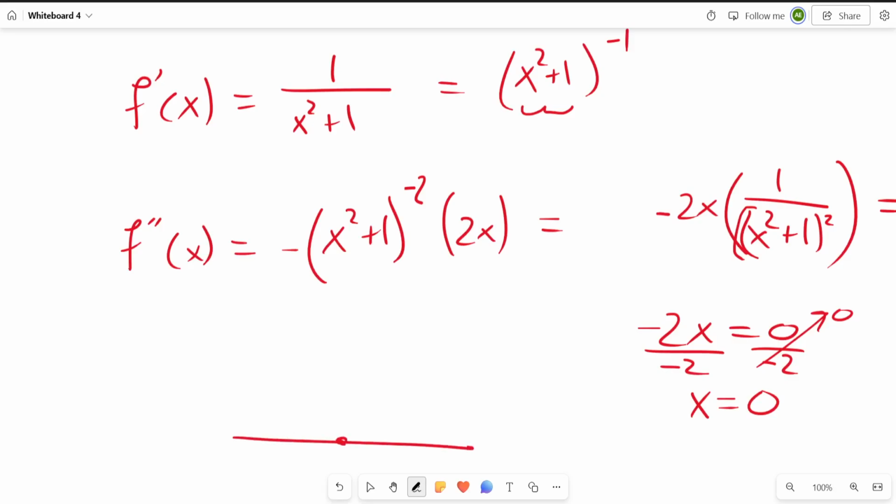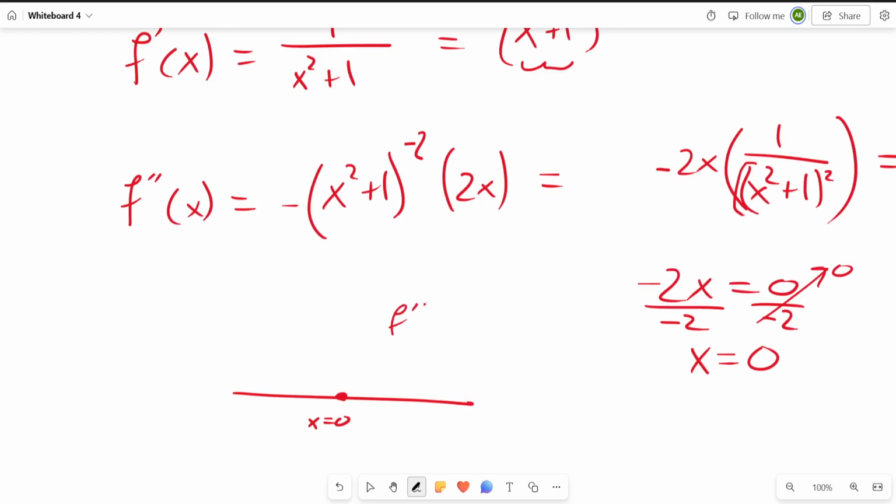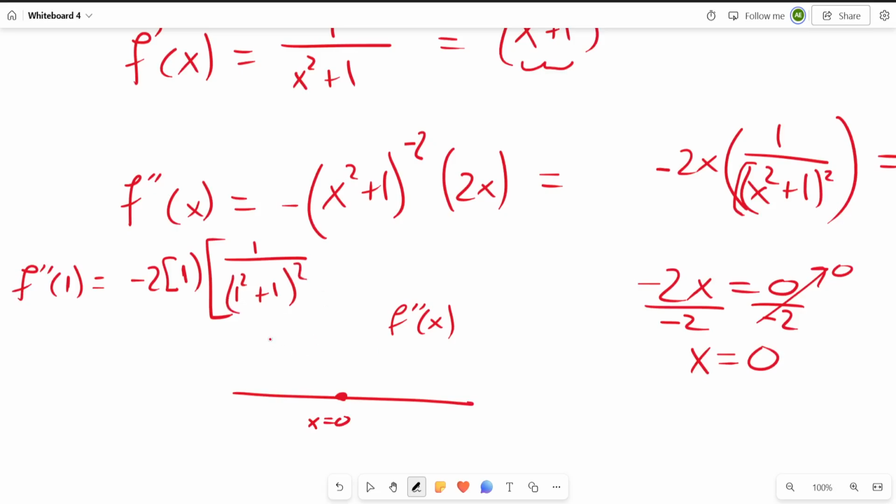Again, I will draw my number line. This is x equals 0, and I will test f double dash of x in this interval. Let's take an x of 1. So f double dash of 1 is equal to negative 2 times 1 multiplying 1 over 1 squared plus 1, all to the second power.